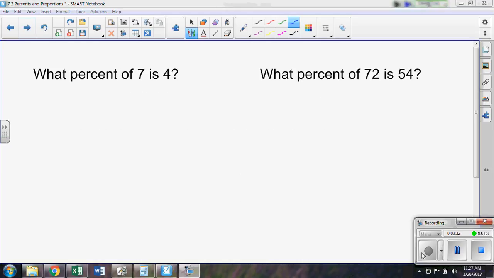All right, so here's what we're working with. What percent of 7 is 4? Well, the percent proportion has this handy mnemonic, is over of equals the percent over 100. When you read through these pieces, we can identify what percent of 7 is 4.